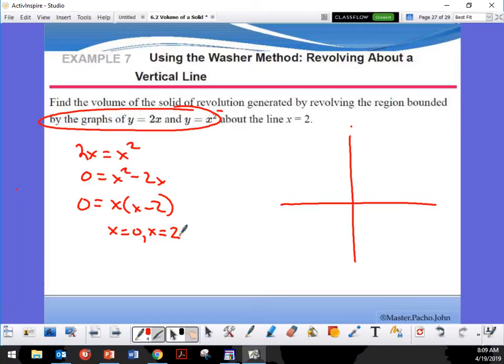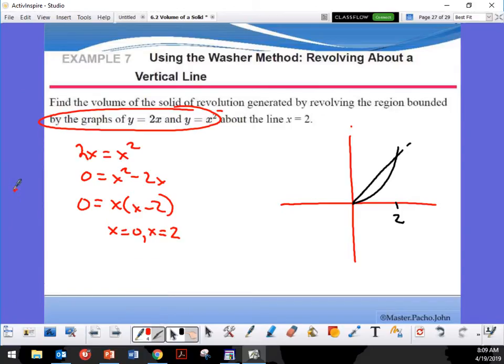So I'm going to have a graph of x squared, which is going to look like this, and 2x is going to look like this. And I have 2. All right, so now my function, okay, I also have the line x equals 2.